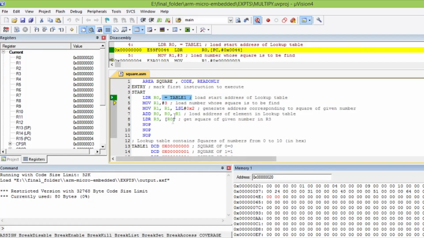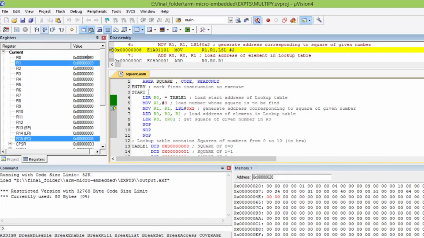Let's see how exactly it's happening here. So R1 is 3. We want to find its value. Here, why is it C? It is because when you perform logical left shift twice on 3, the answer you will get is 12, which is nothing but C. So next what we have here is nothing but the received answer, let's assume in our case C. That is added with the initial address of R0.